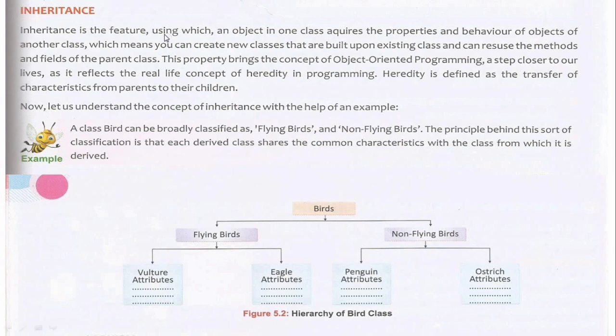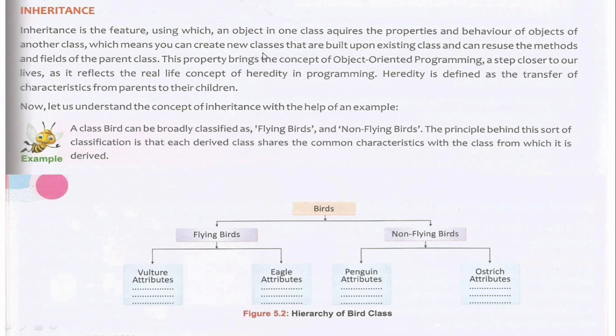So inheritance is a feature using which an object in one class acquires the properties and behaviors of objects of another class. So if you have already created one class, you can give some characteristics of this created class to another class, which means you can create a new class.